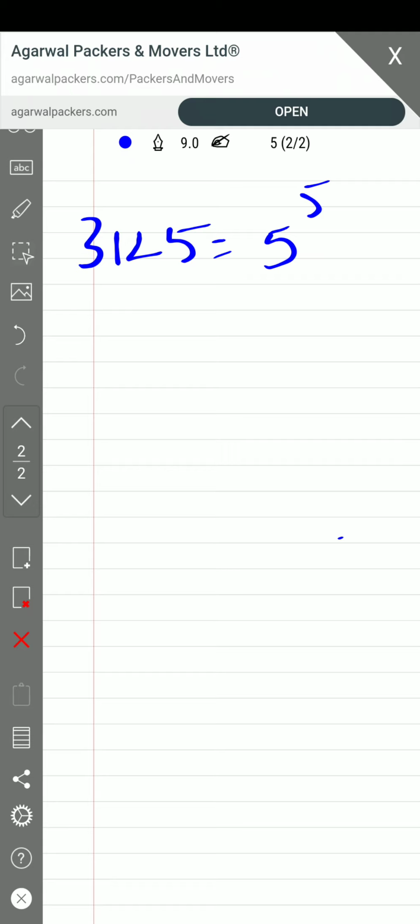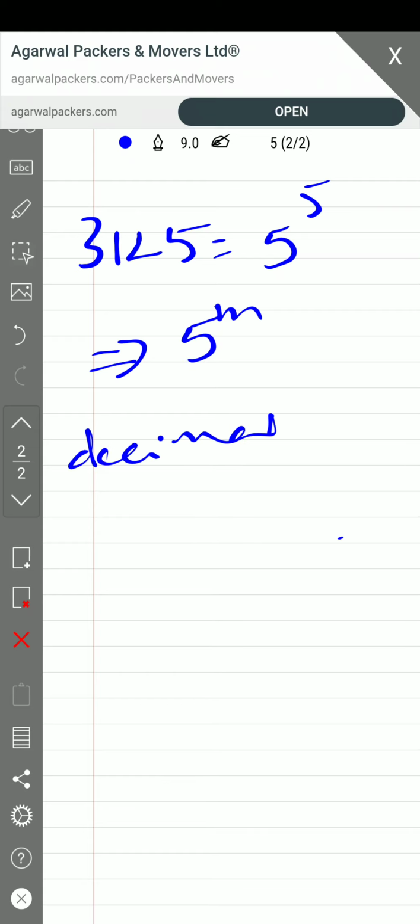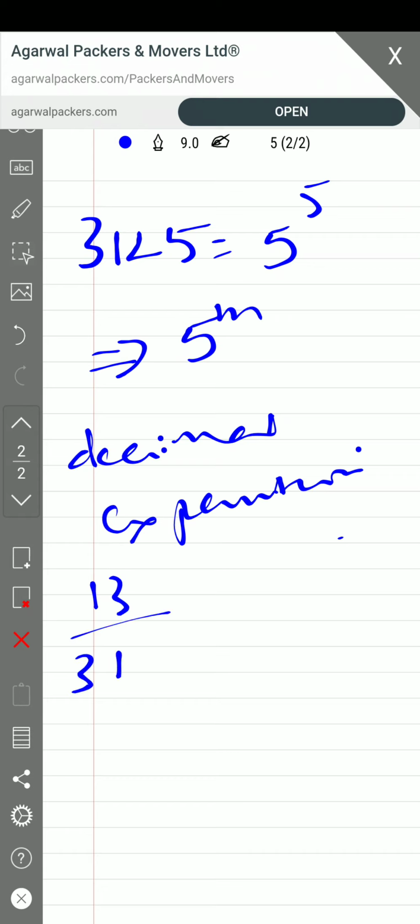So it is in the form of 5 power m. That means the denominator is in the form of 5 power m. So hence the decimal expansion of 13 by 3125 is terminating.